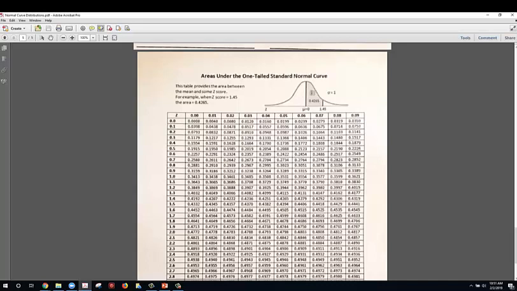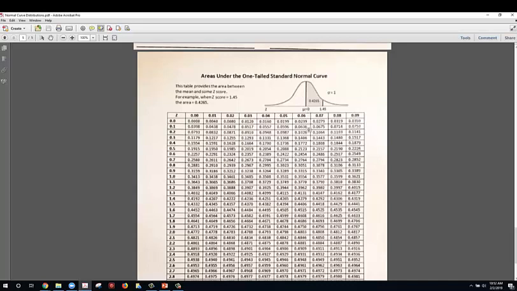What that means is she is 0.4265 above the mean in this case. What we have below the mean, since this is symmetric, is 0.5000. We're going to take it to the 10,000ths. So if we add the 0.5000 to the 0.4265, that tells us that she has a percentile rank of 0.9265. We can multiply that times 100 and get 92.65, so she scored in the 92nd percentile.